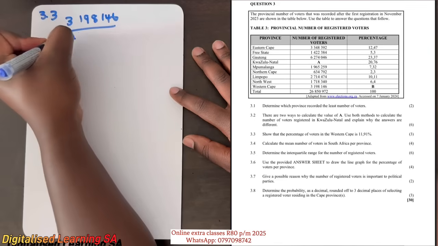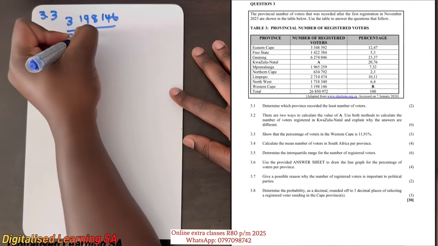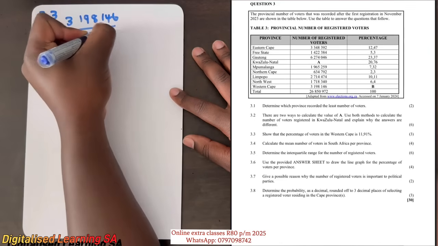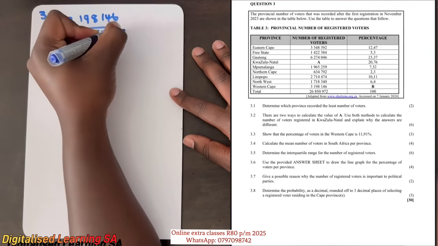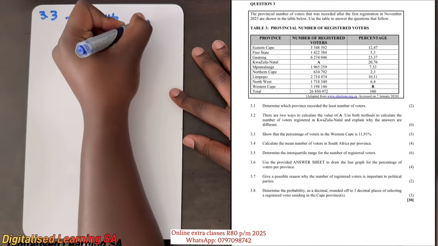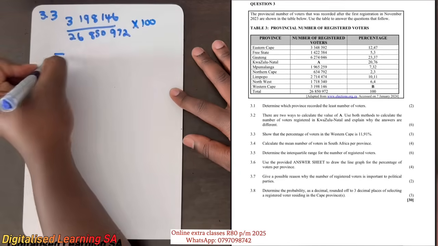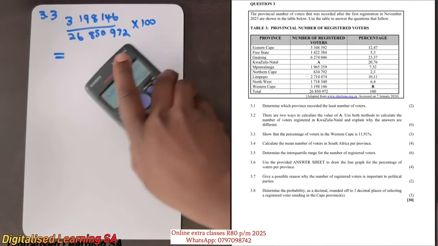So we divide by 26,850,972 and multiply by 100 because we are looking for the percentage.